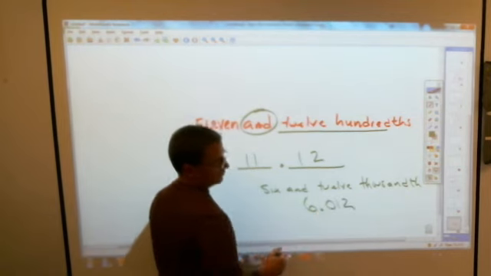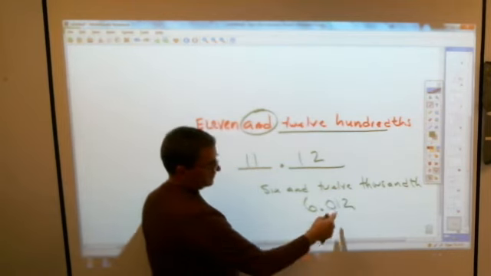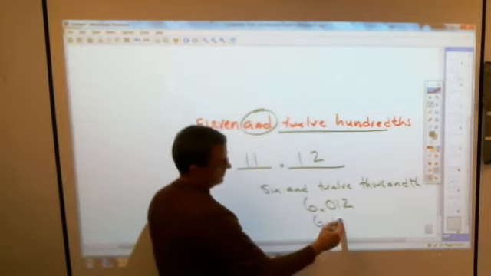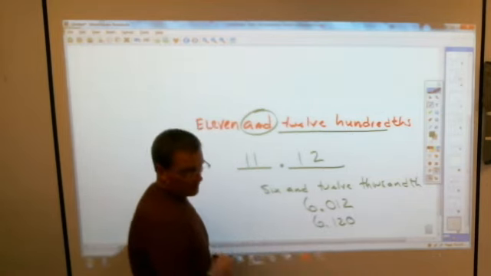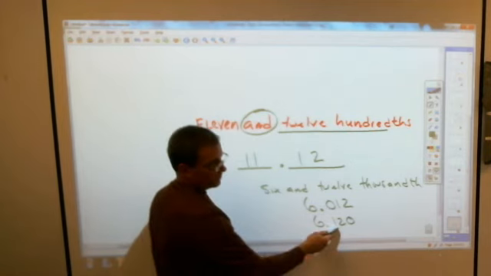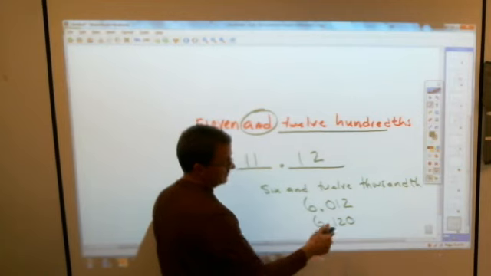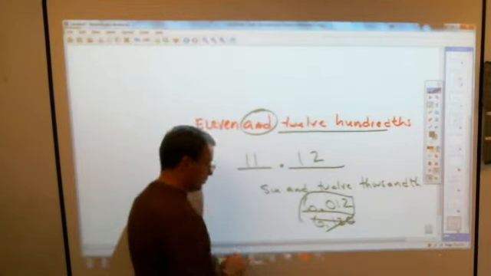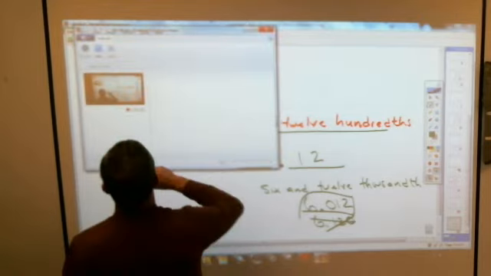Please make sure that's what you do. 12 thousandths, the 2 has to be in the thousandths place. Sometimes I get people doing 6 and 12, and then they put a 0 over there. That's not 12 thousandths, that is 120 thousandths. So you have to be careful with that. This is correct. Wonderful, children. Just absolutely splendid.